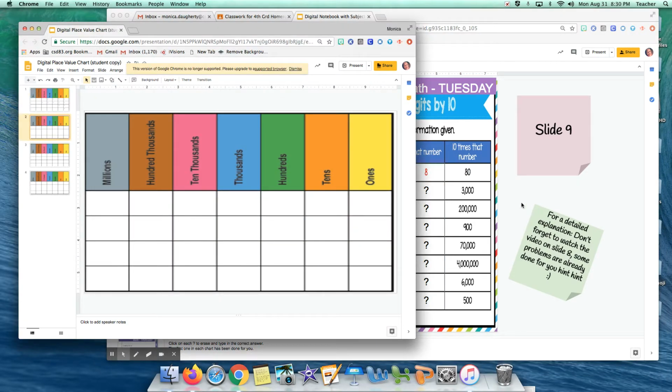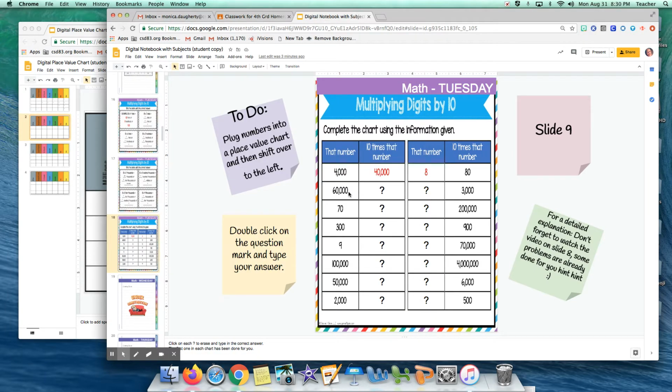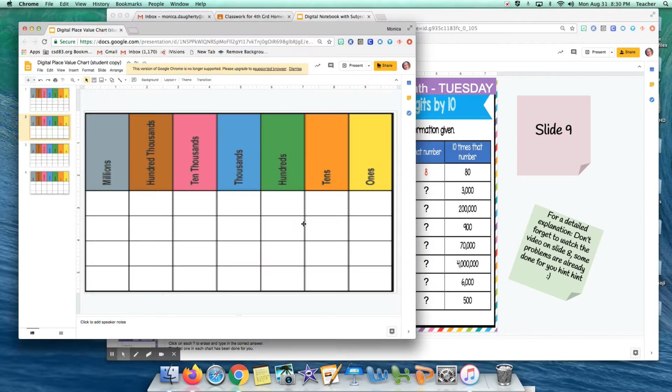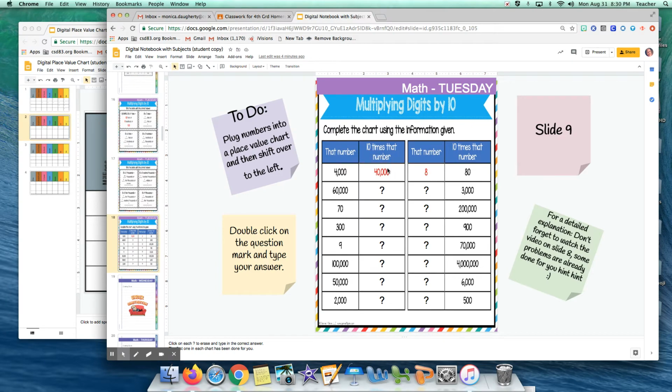Let me go to another place value chart. I'll do a couple more. So I'll do one on this side. So I'm going to plug in 60,000. Always start with my ones. 6. And it says multiply 10 times that number. When I multiply, I'm getting bigger.